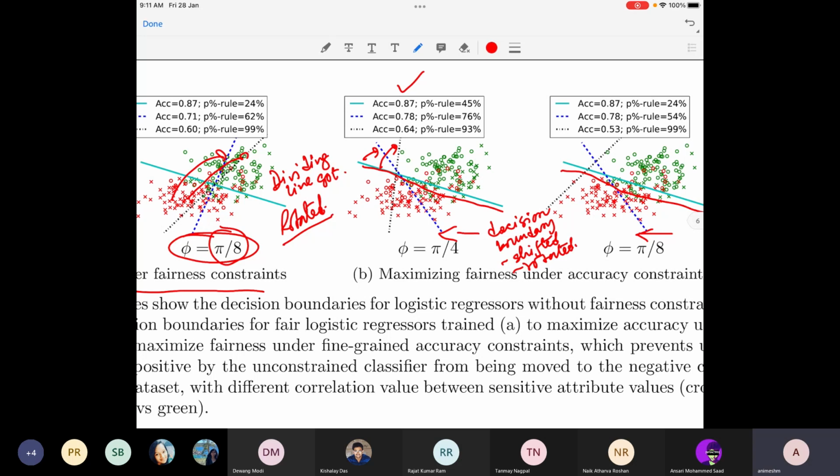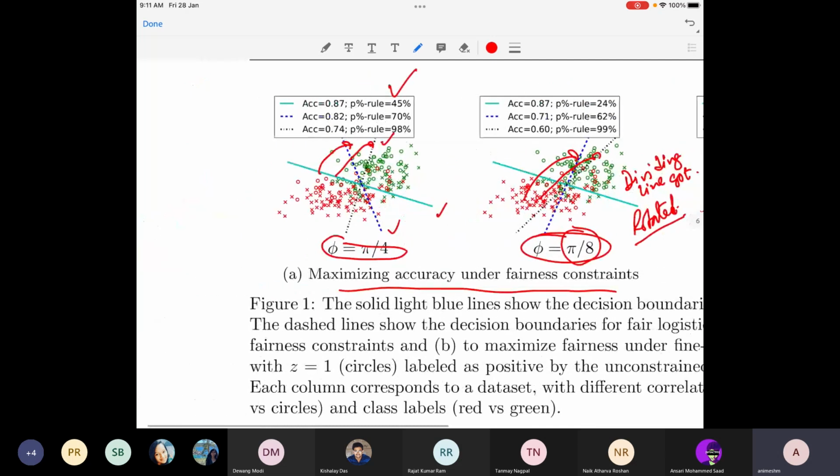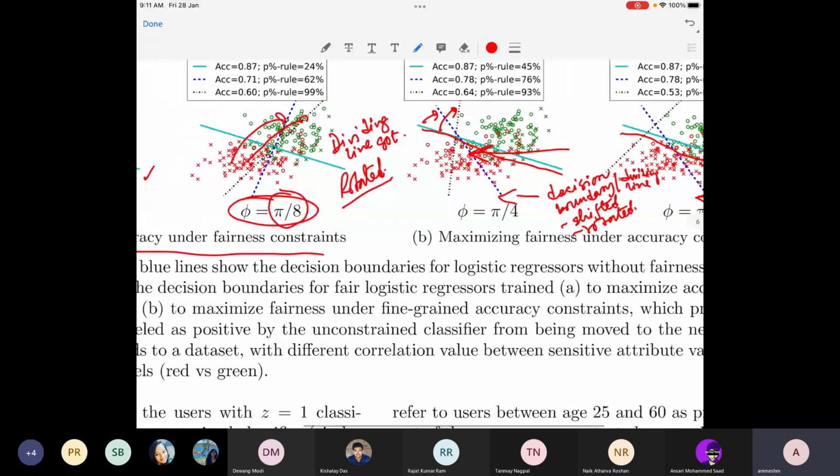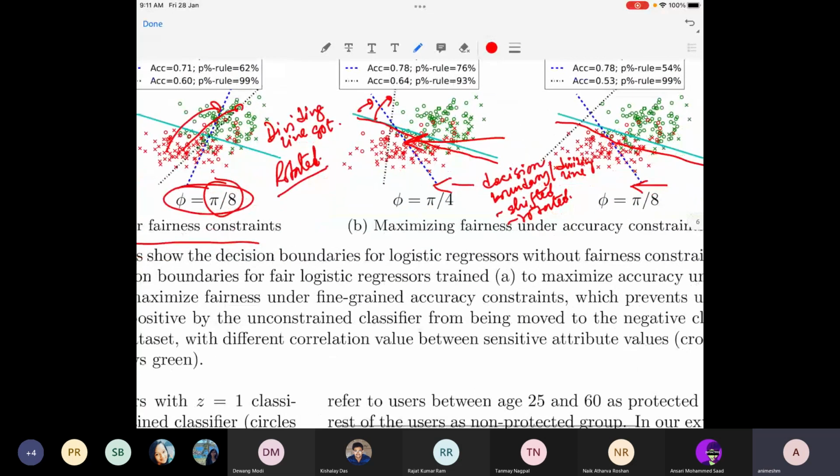So here there was no shifting. In these two cases, there were no shifting. However, in this case, there is a shifting as well as a rotation.